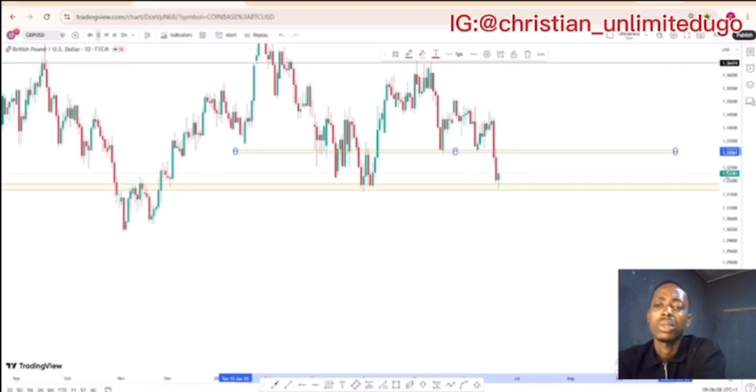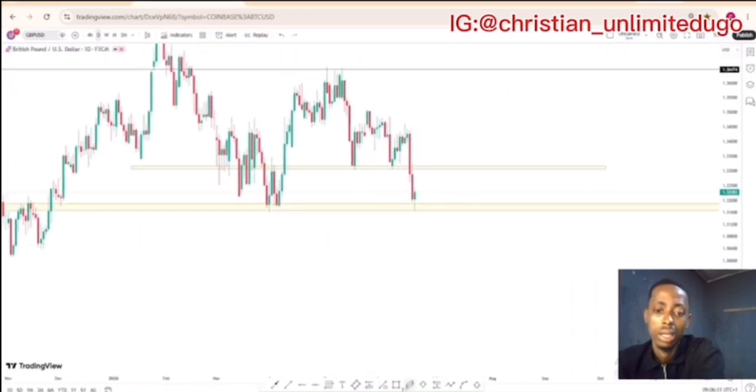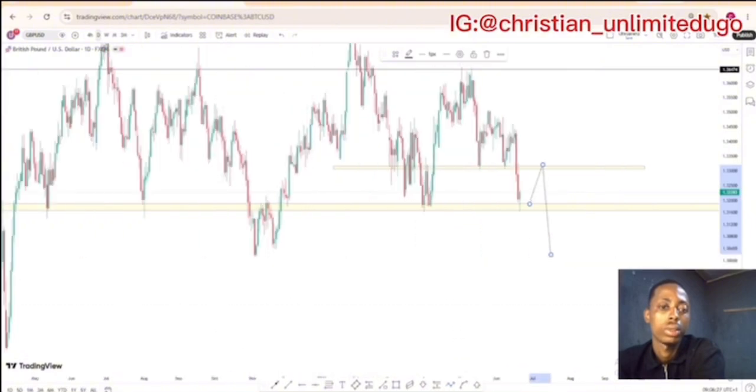So what am I expecting on GBP USD next week? Simple, clear. Either trade a buy market from this level to this level, then wait for my confirmation and reaction towards this level and start taking it down to this point.